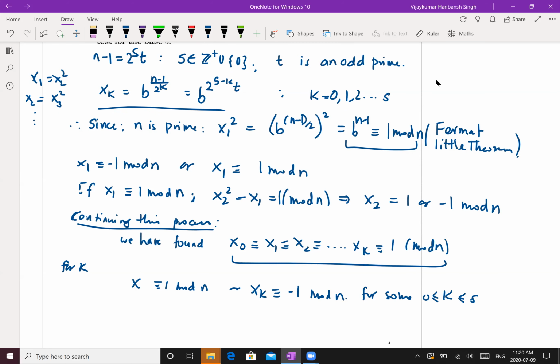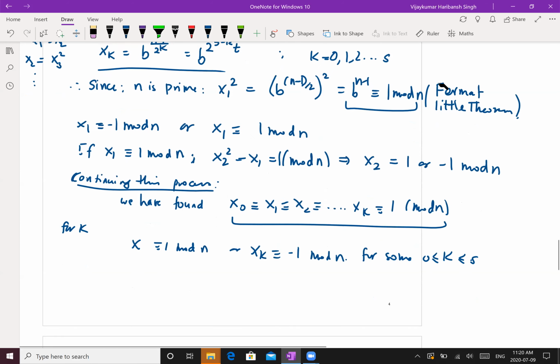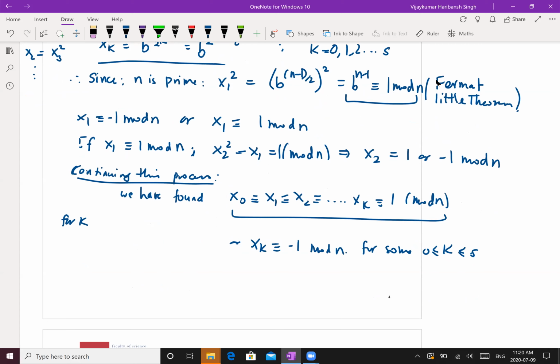So rather we should say the following form. We have found out the following. So either we have xs congruent to 1 mod n, so this chain repeats for some s, or we get xk congruent to -1 mod n for some k.